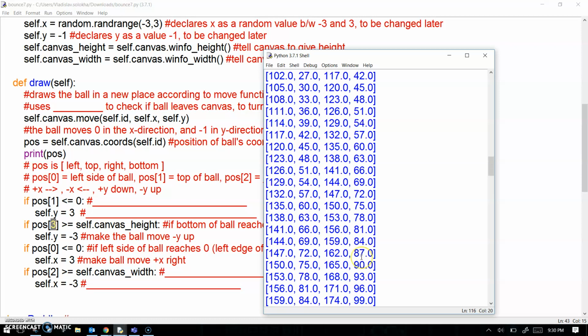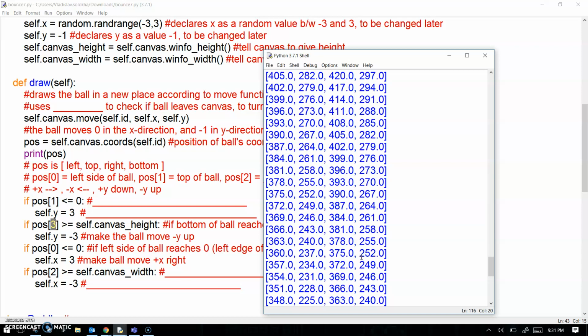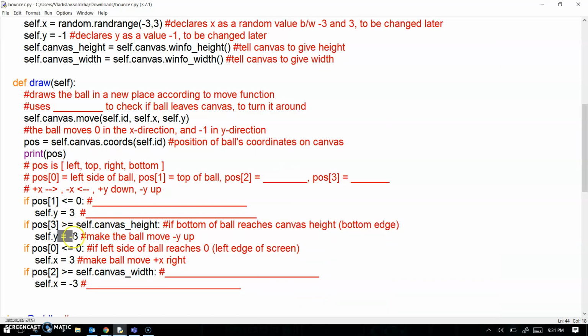So the ball started going down until we reach the 400, because that is the height of our window. So we can see 390, 393, 99, and 402, and we reached the maximum value. So we want to turn around and go up again.